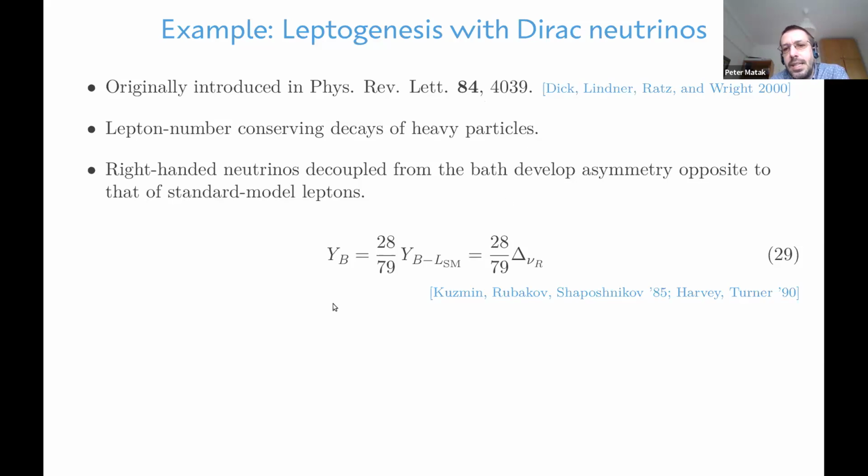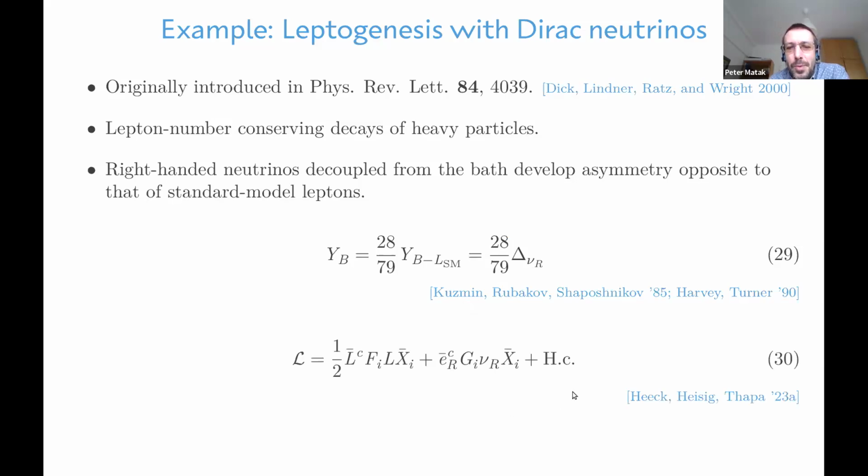Okay, it is known that when we compute the asymmetry, this is the number density asymmetry of right-handed neutrinos divided by entropy density. And it is related to sphaleron-induced baryon number by this factor, which is quite common, known from many years ago, as you can see.